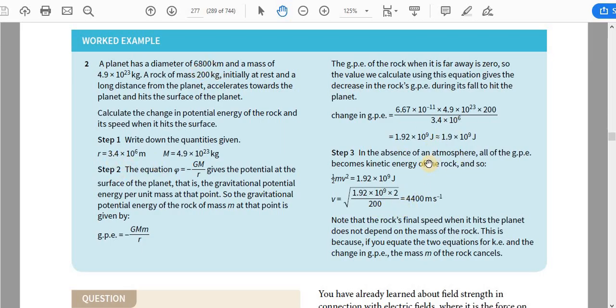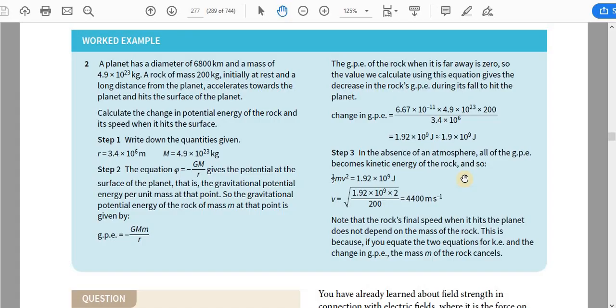Now what happens is, in the beginning the rock is at rest, so initially its kinetic energy is 0, and then it is pulled towards the surface of the earth. Its gravitational potential energy becomes less and less, and when the rock is brought towards the surface of the planet, the gravitational potential energy decreases and the kinetic energy of the rock increases.